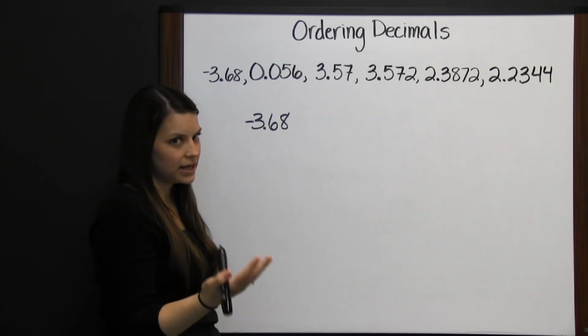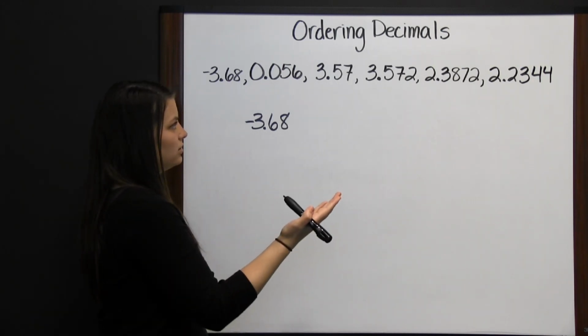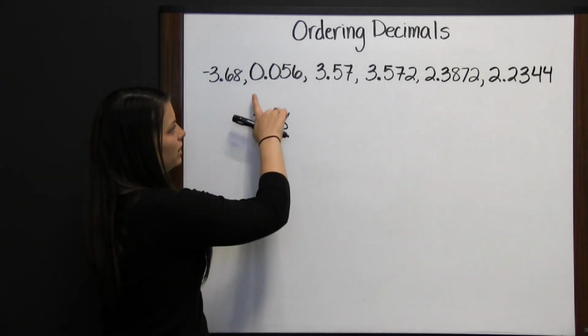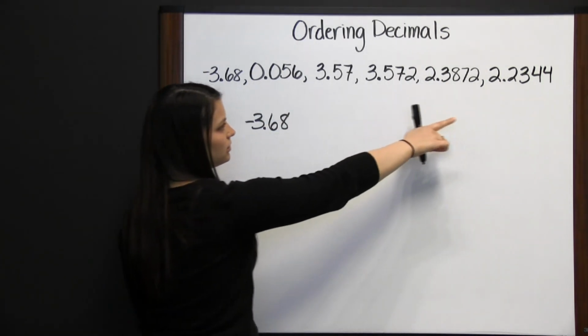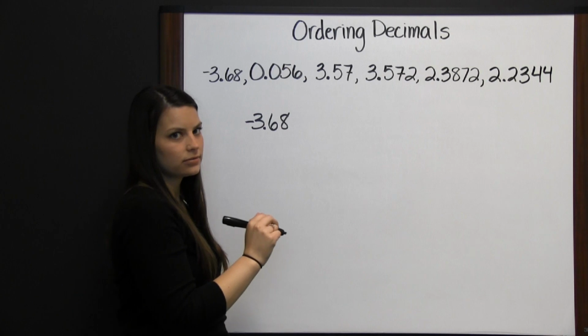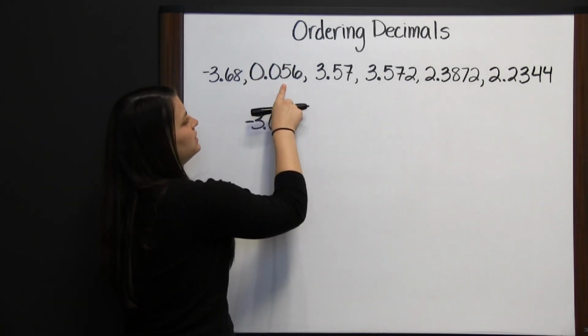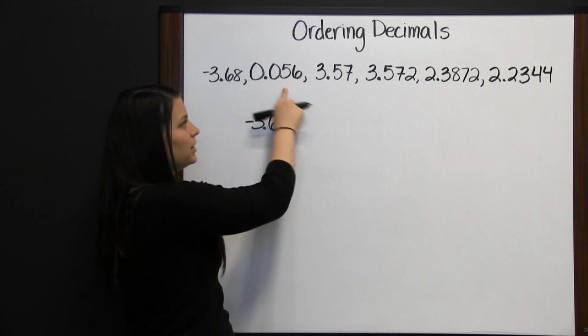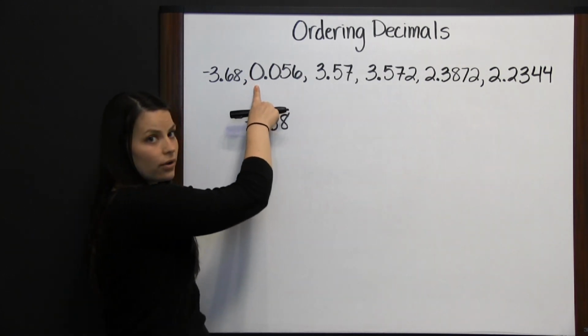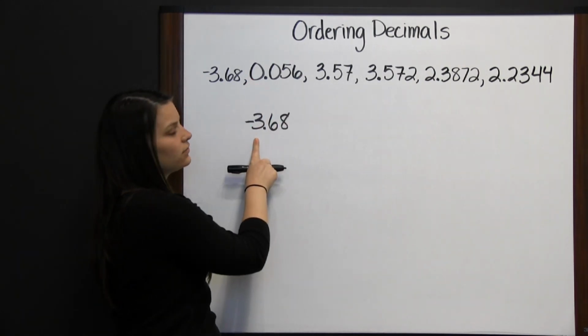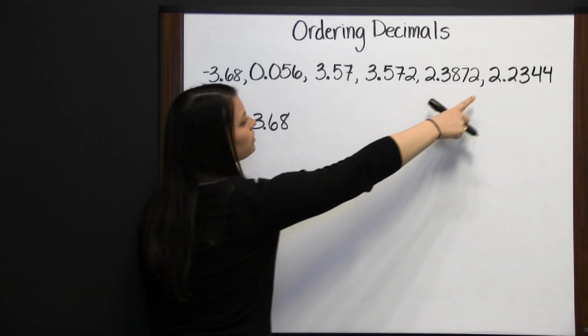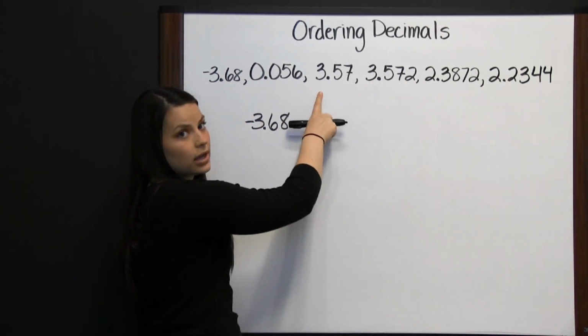So we're going to look for our next biggest, which means we're still looking at our whole numbers. The next biggest would be 56 thousandths, because the whole number 0 is greater than -3, but it's smaller than these whole numbers 2 and 3.